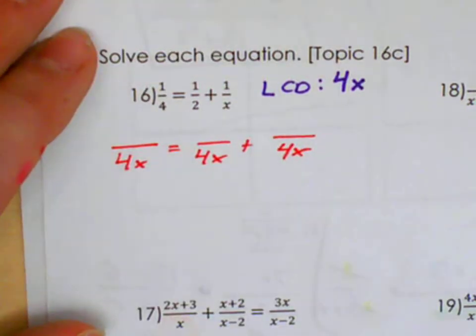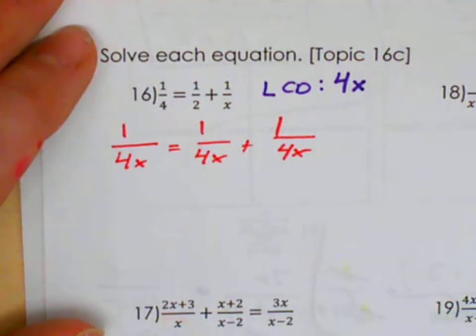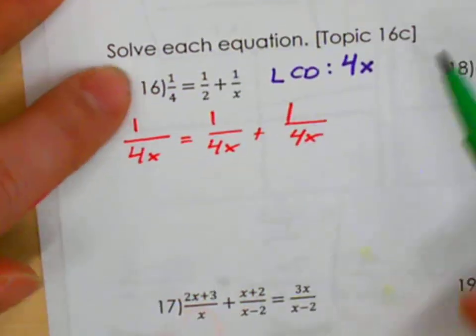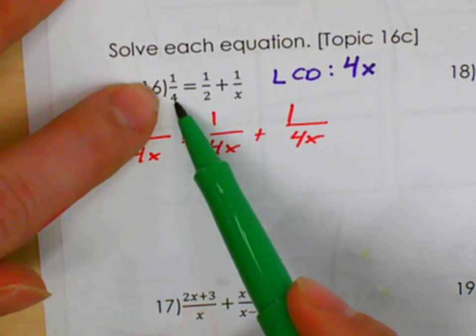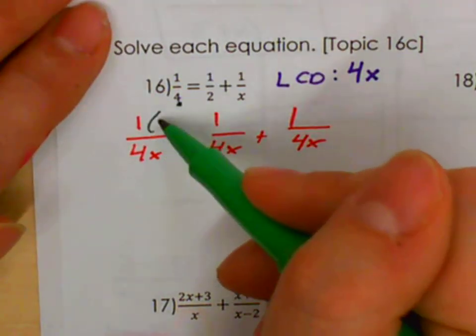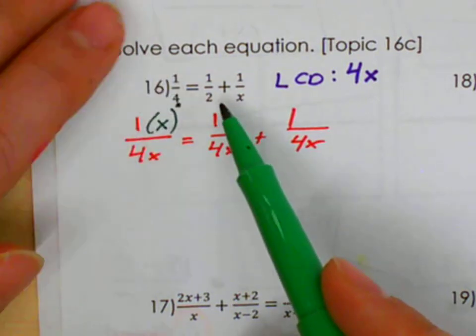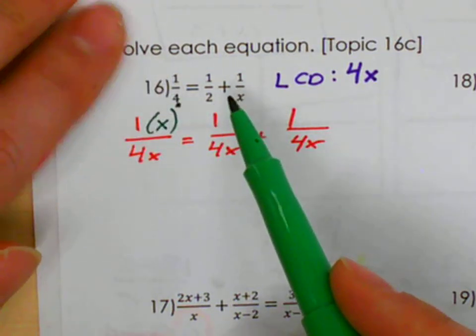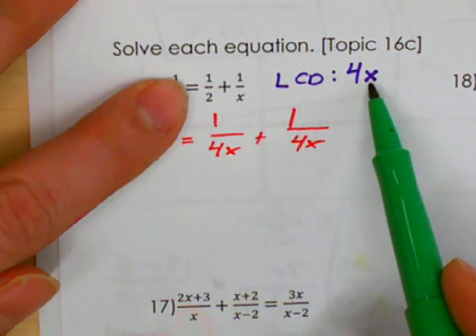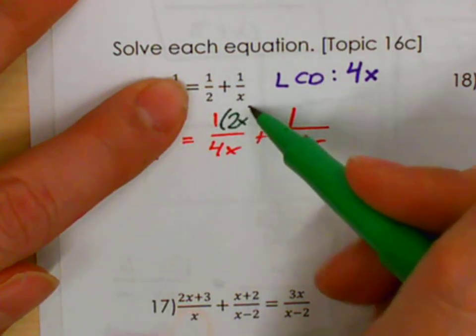And I'm looking at what I was missing. If I look here at this 4 and this 4x, I'm missing the x. That's what I need to multiply this fraction by. If I look here at the 2 and the 4x, I would have to multiply by 2x to get 4x.